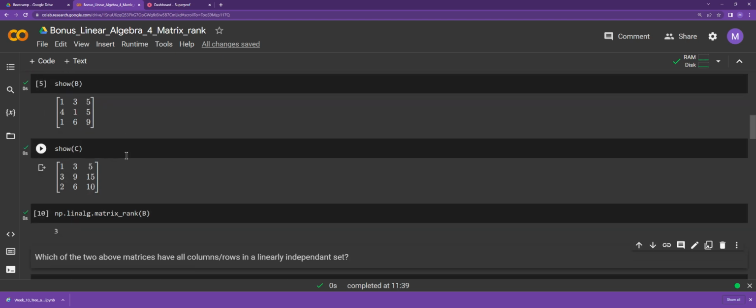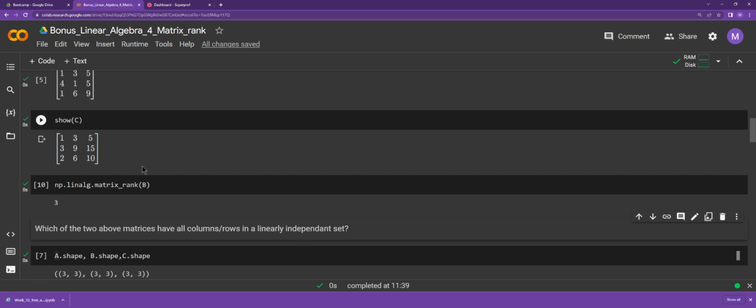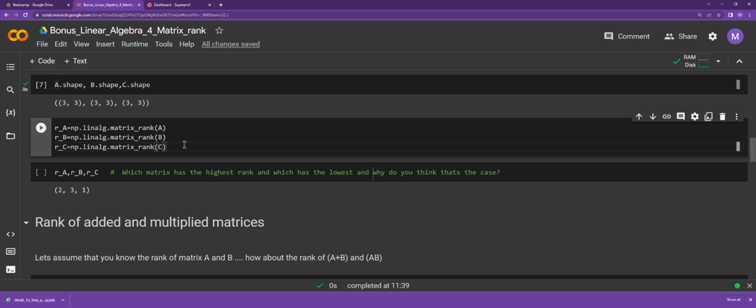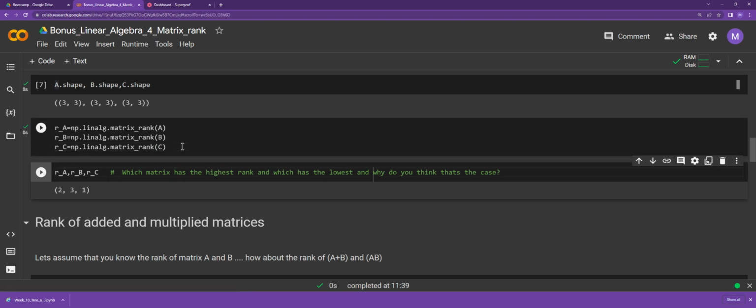So that's what rank means. We use the matrix_rank function from the linalg package of NumPy to get the rank. Here I'm running the same operation, and which matrix has the highest rank? Of course, B has the highest rank here.